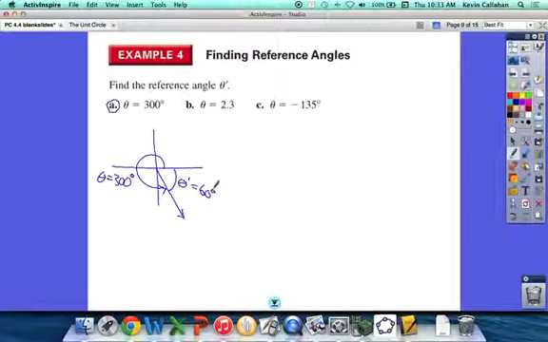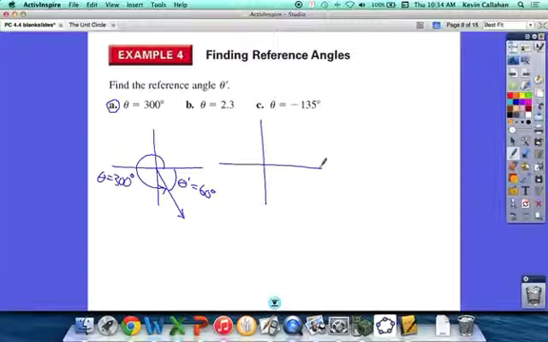Okay, 2.3. Is that in degrees or radians? That's in radians, right? So let me see. Which quadrant would 2.3 be in? And this is where we make a lot of mistakes here too, or I think we find this to be a challenging part of it. Which quadrant would we be in if our radian measure of the angle was 2.3?